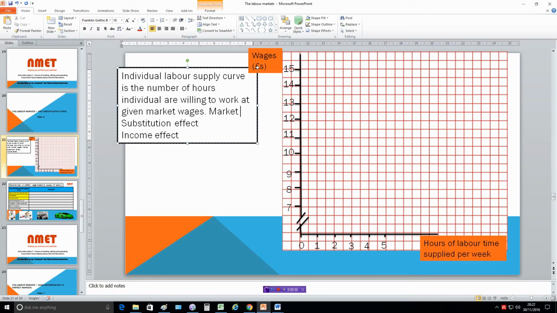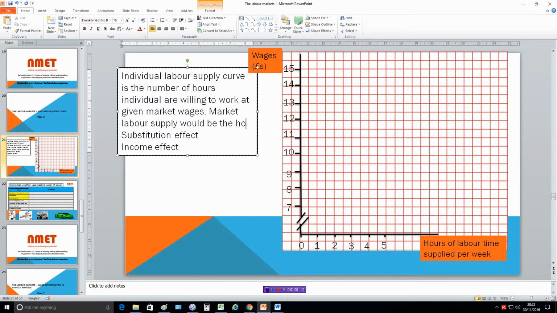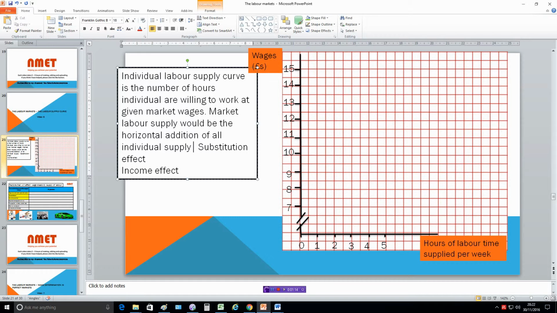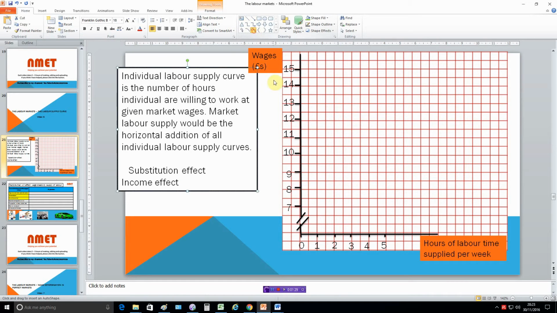Market labor supply would be the horizontal addition of all individual labor supply curves in the market. And this labor supply curve is a backward bending curve, which we'll understand.